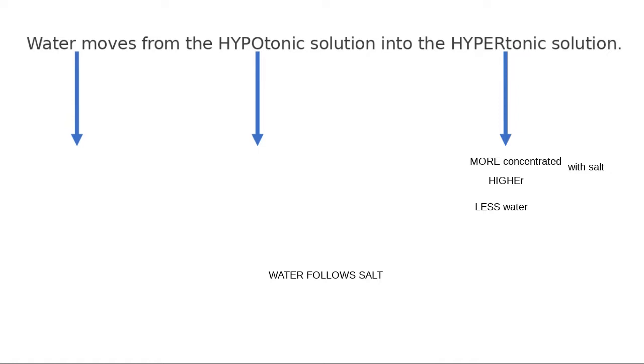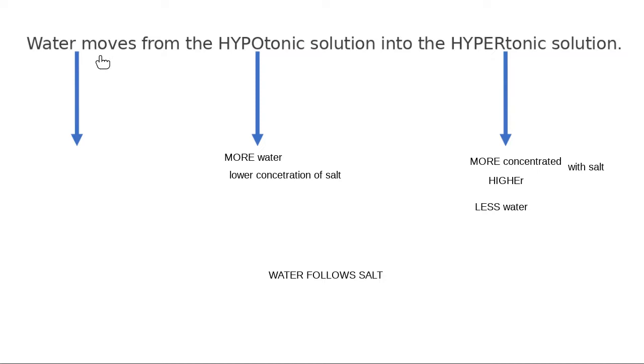If I'm hypotonic, that means that I have more water, or I have a lower concentration of salt if I have more water. So when we talk about water moving, water is going from where there's more water, which is a hypotonic solution, to where there's less water, which is a hypertonic solution.